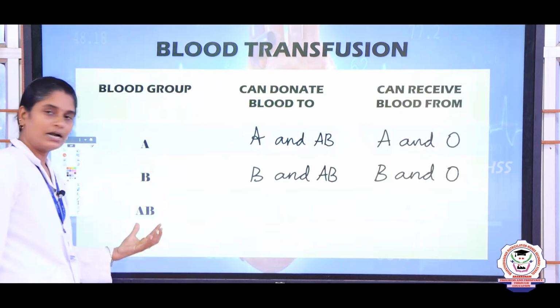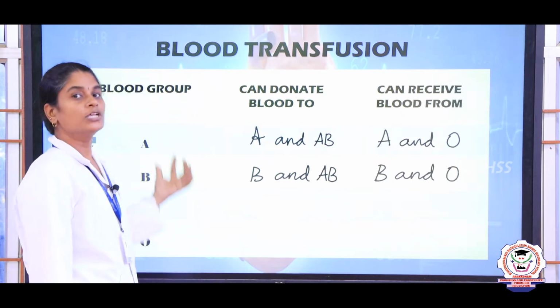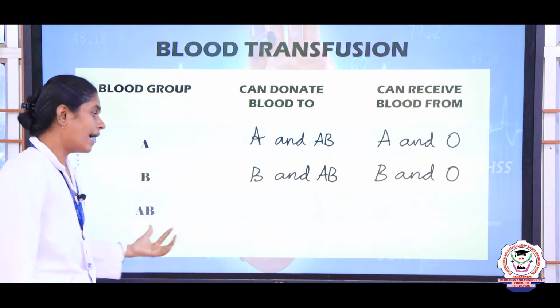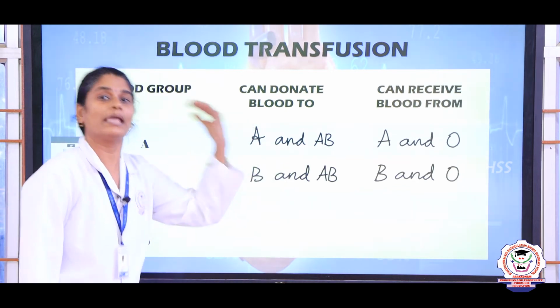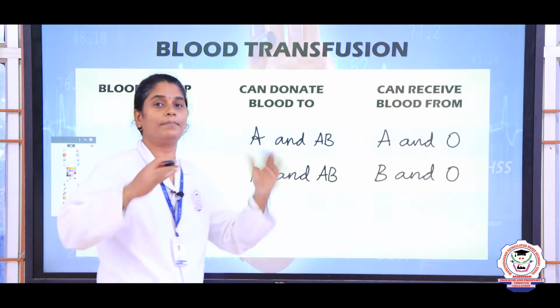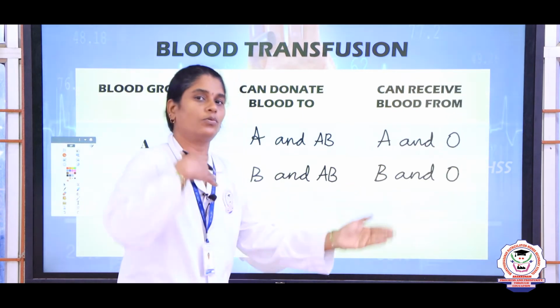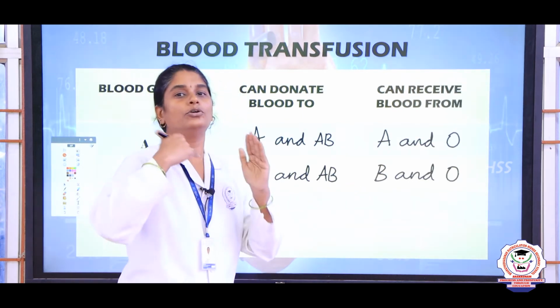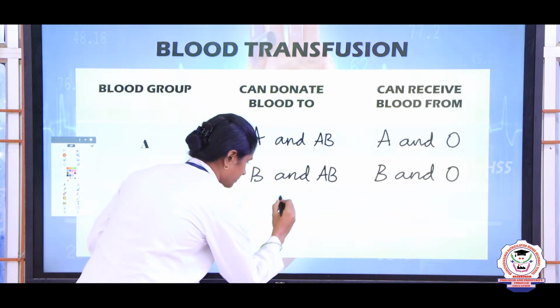The next, third type, is the AB blood group. The AB blood group can donate only to AB blood group. He cannot donate blood to A or B or O. He can donate only to AB blood group persons.